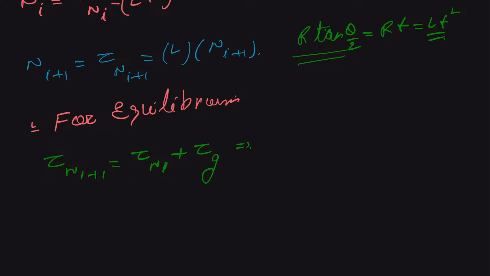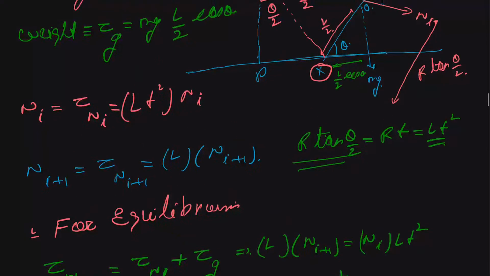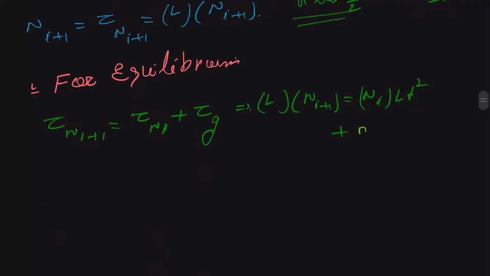And now we can simply substitute their values. N i plus 1 is our L times N i plus 1, and then we are having our N of i L t square plus mg by 2 L cos of theta, and we can just cancel our L.